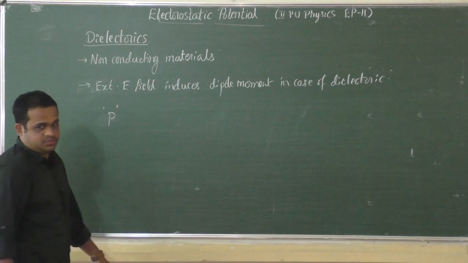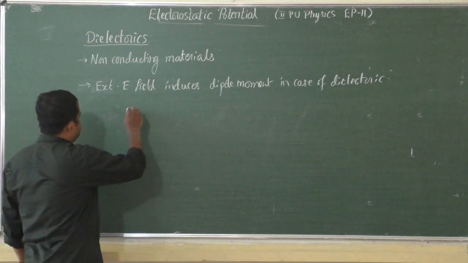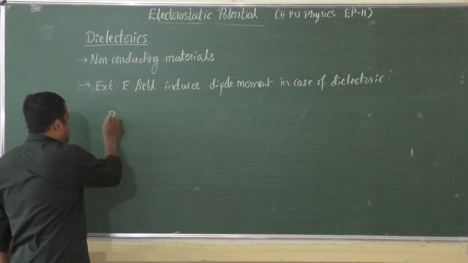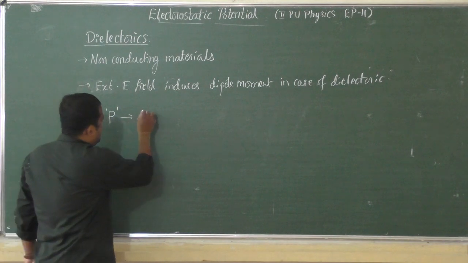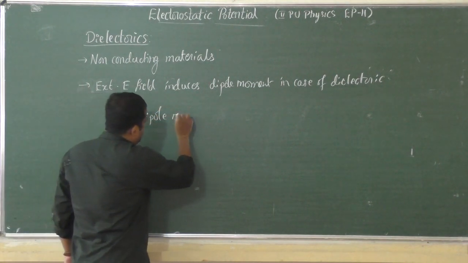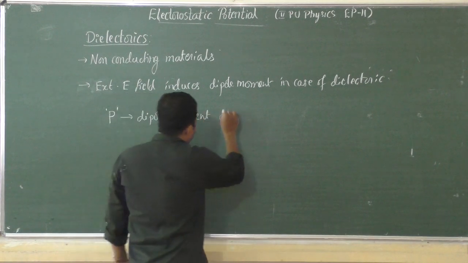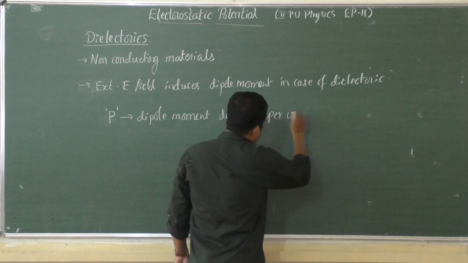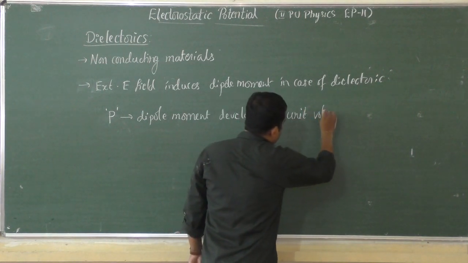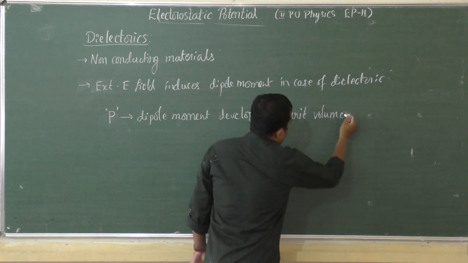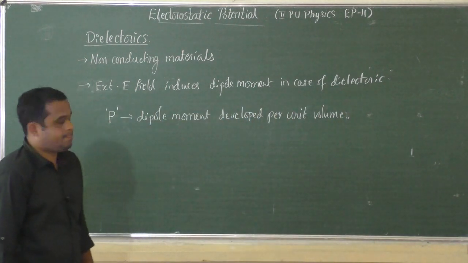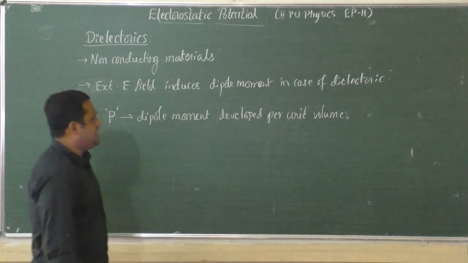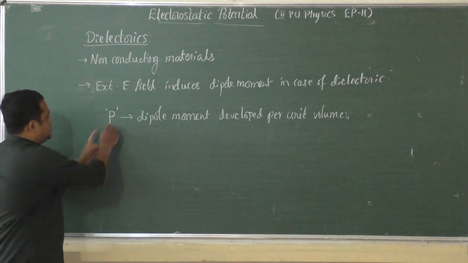If capital P represents the dipole moment developed per unit volume of the dielectric substance, that is actually called polarization.